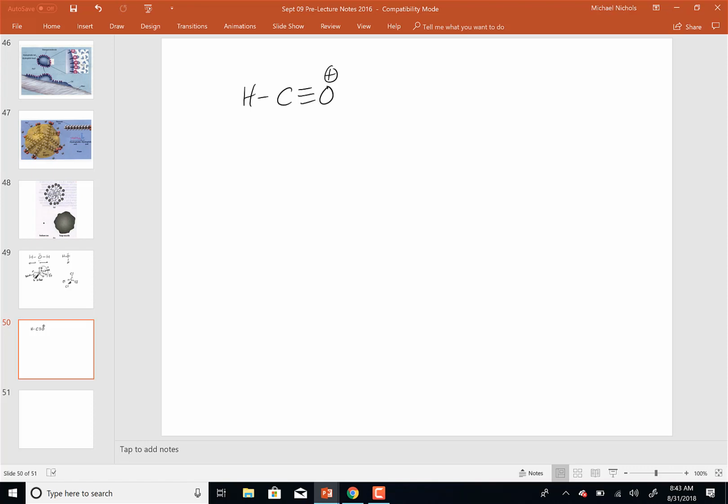And the question is, what does the electron configuration of the oxygen look like? So let's go through this step by step. My first question is, what is the hybridization of oxygen? And, sorry, missing the lone pair.